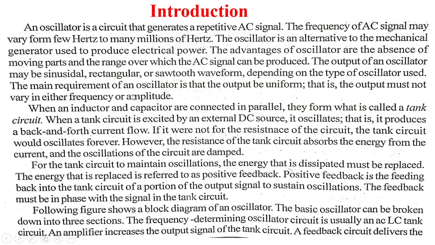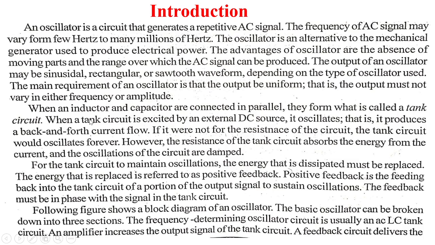The main requirement of an oscillator is that the output be uniform. That is, the output must not vary in either frequency or amplitude. When an inductor and capacitor are connected in parallel, they form what is called a tank circuit.